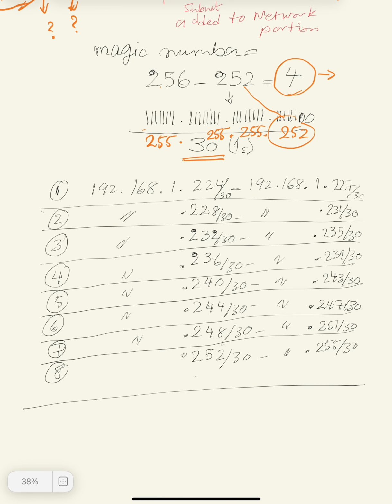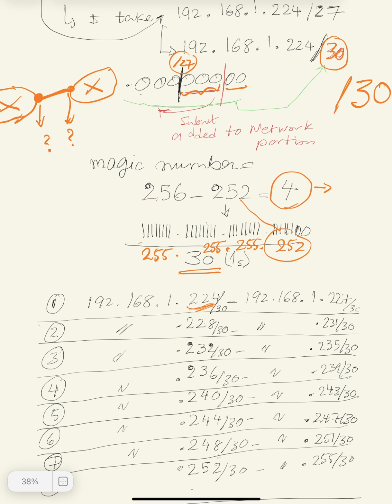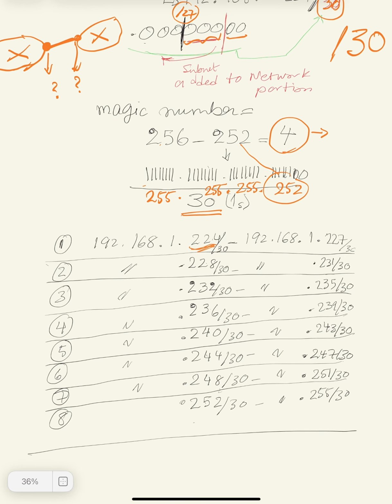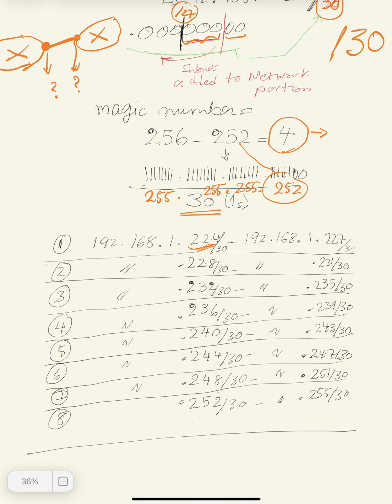Now we know that we have to add 4 to each of these network addresses in order to get the range of IP addresses. So my first range is 192.168.1.224, the one that I chose to do the point to point calculation with prefix 30.